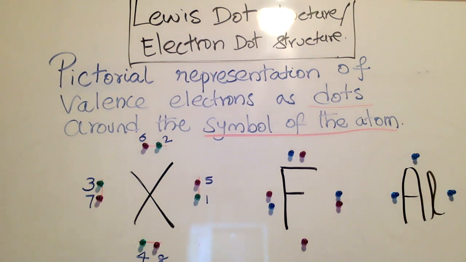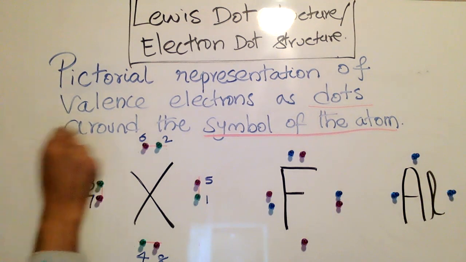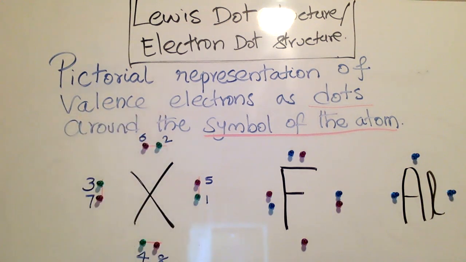You should know how many valence electrons there are when you draw it, and you put the dots around the symbol of the atom following the pattern I explained. Make sure the dots fit in the 4 sides of your imaginary square. When you do this, you will get a very good looking Lewis dot structure, or electron dot structure.